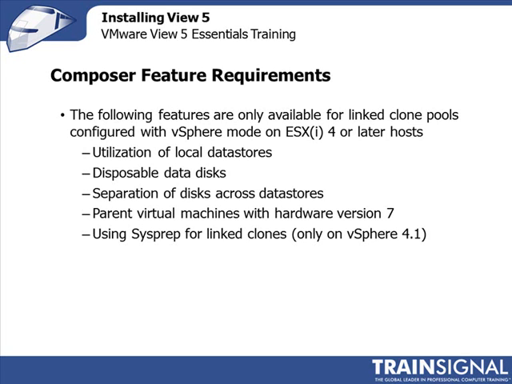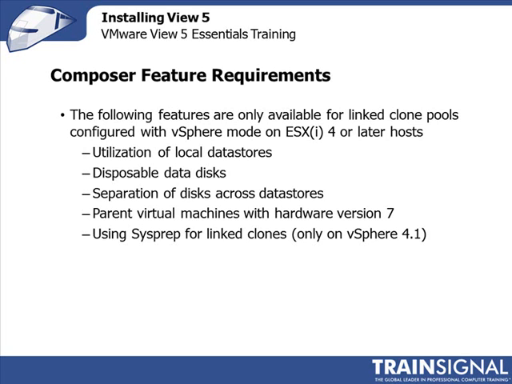I can have tiers 1, 2, or 3 for my disks depending on what type of speed I need, whether that's SATA, SAS, Fiber Channel, or SSD drives. Depending on what my I/O requirements are for those particular portions of disk, I can put them on the appropriate speed disk and tier those separately when it comes to the actual linked clone versus the replica versus the disposable disks versus the persistent or user data disks.